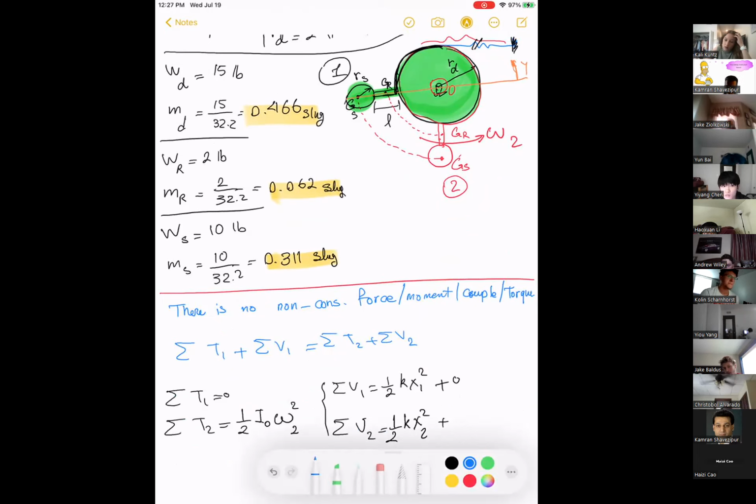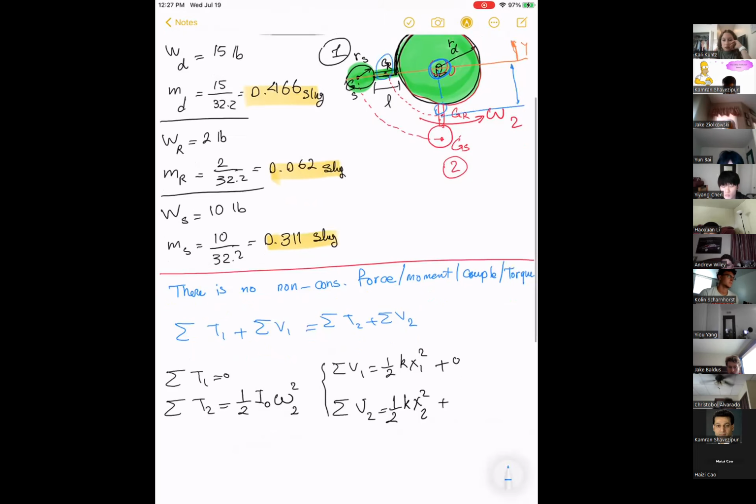Does the center of mass for this change? Yes or no? No. For the disk itself, no. I already mentioned how the rod goes down. So the center of mass comes down this much, which is R plus L by 2.